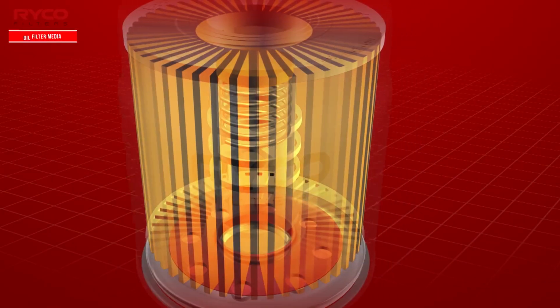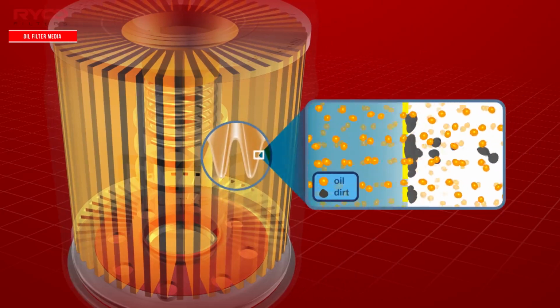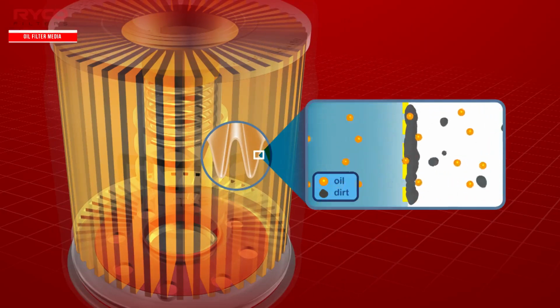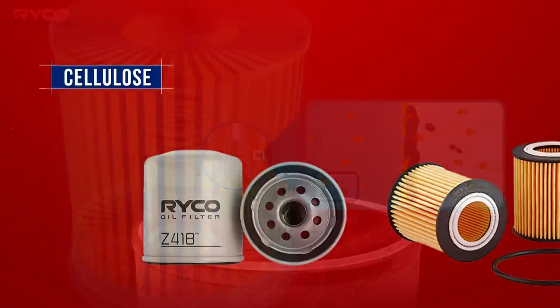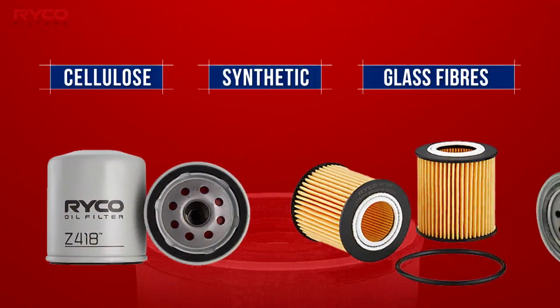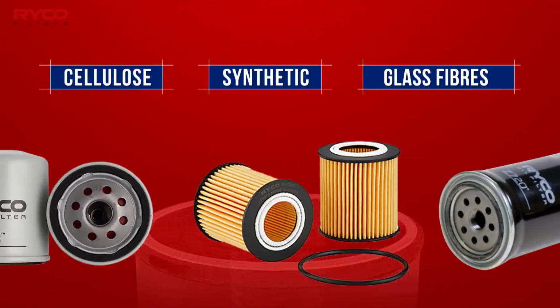Longer service intervals and higher efficiency requirements are the instigators of sludge creation within the lubrication system and are placing greater demands on the oil filter than ever before. Cellulose, synthetic or glass fibres are used individually or in a combination to create the perfect Ryco oil filter media for each vehicle.